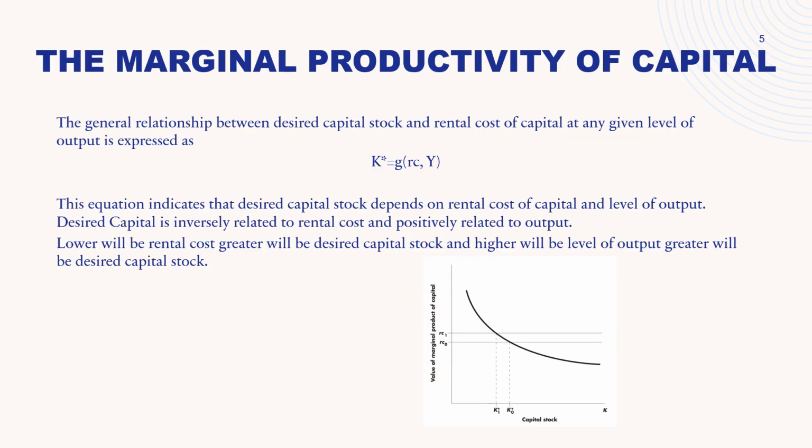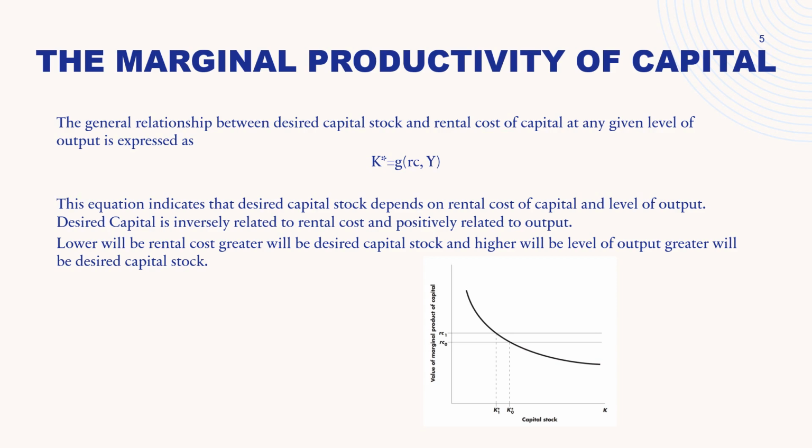The general relationship between desired capital stock and rental cost of capital at any given level of output is expressed by this equation. This equation indicates that the desired capital stock depends on the rental cost of capital and the level of output. The desired capital stock K star is inversely related to rental cost, that is RC, and positively related to output, that is Y. The lower the rental cost, the greater the desired capital stock, and the higher the level of output, the greater the desired capital stock.